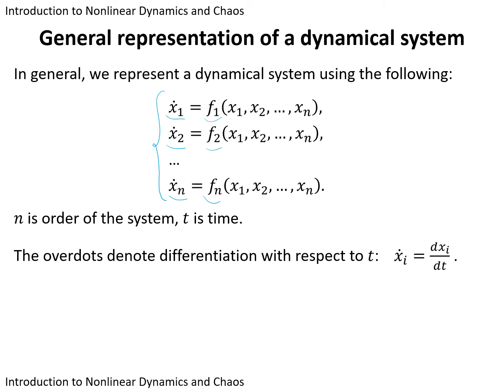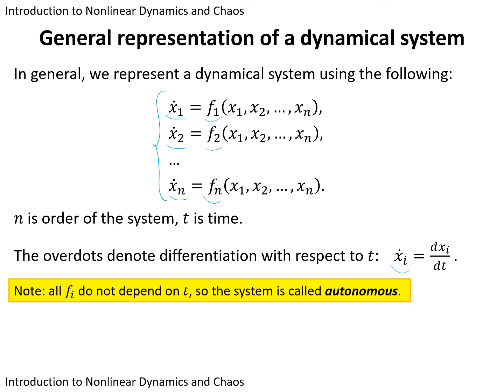The over dots denote differentiation with respect to t, so xi dot is dxi by dt. Please note, all fi's here don't depend on t, so this system is autonomous.